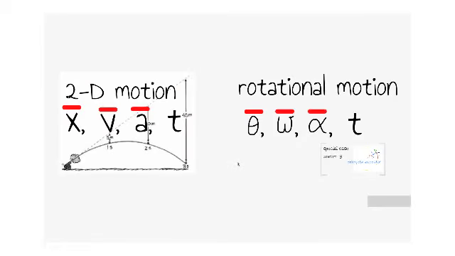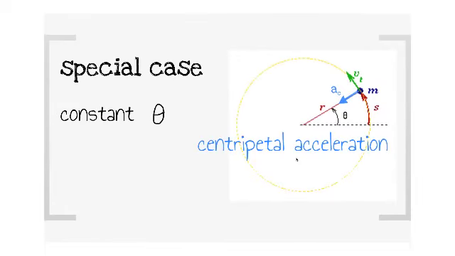The next case is rotational motion, and in rotational motion you have rotational vectors that are equivalent or analogous to the linear values. So you have angular position, angular velocity, and angular acceleration. There's a special case in the rotational motion, in my mind, where you have constant angular speed.